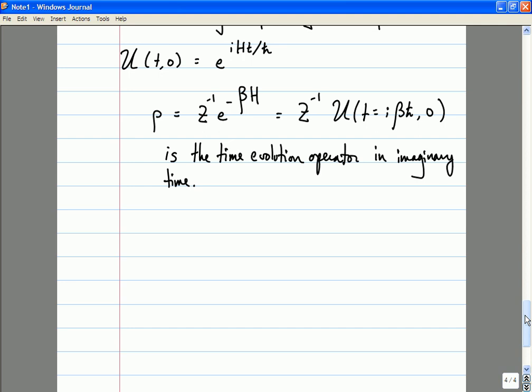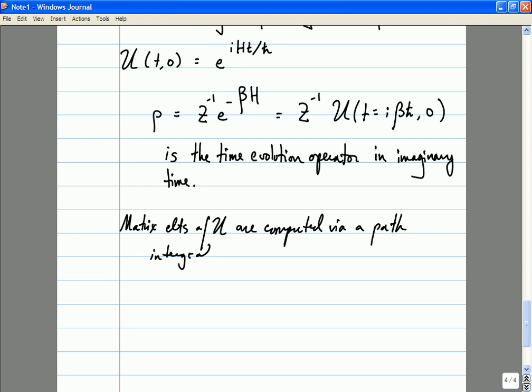Well, remember that matrix elements of U are computed by doing a path integral. Of course, there are many other ways of computing them, but one of them is by using a path integral.